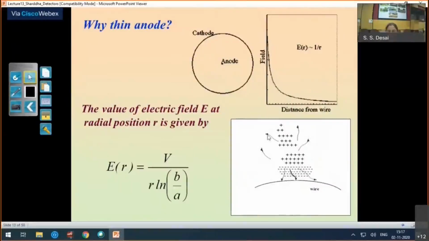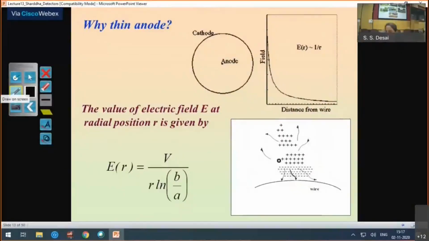So this is just a pictorial form. You can just see this. All this charge cloud which I am showing here is created in a very small vicinity of the wire. If the wire is 25 micron, you can see that within 10 to 20 diameters of the wire, like within 200 microns of the area, all this charge has been created.